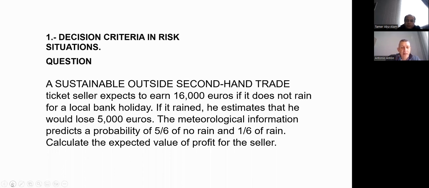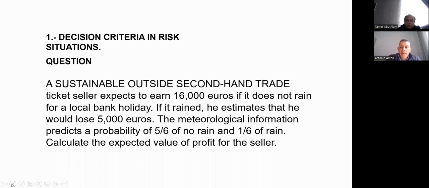My expectation is 16 euros, compared to other years. You know very well about the money that you got in the past. It could be 10% more, 10% less, but this is an average.